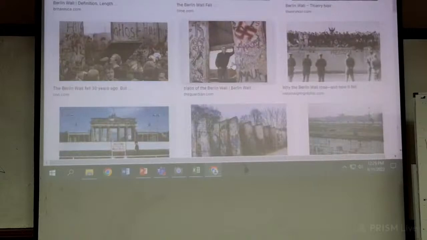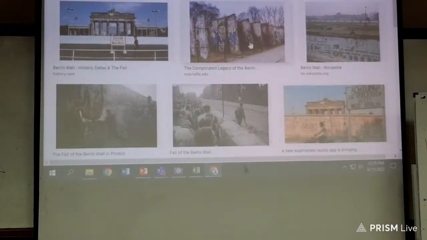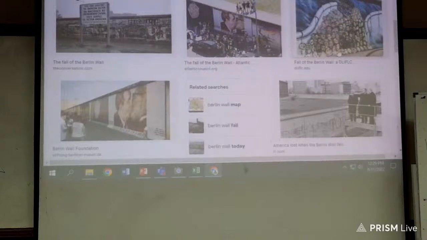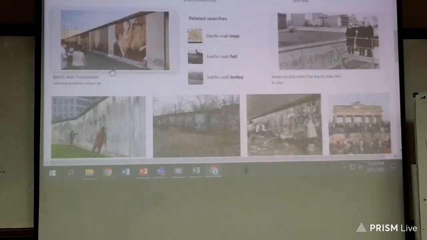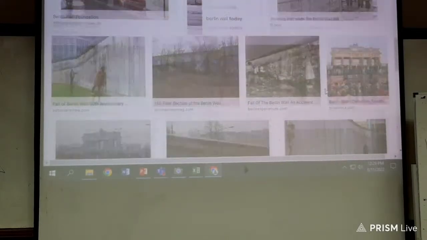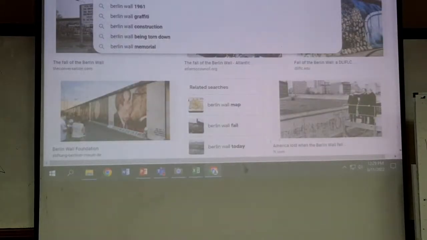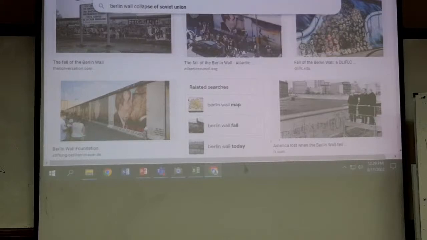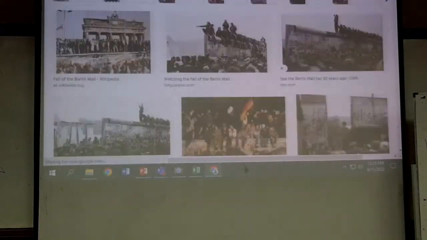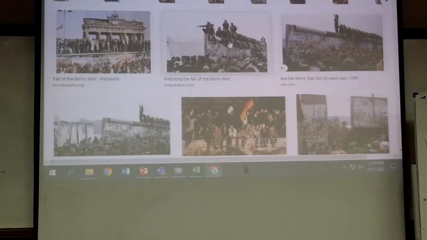Finally, this Berlin Wall, yes, this. People demand. And this is demonstration. Another meaning of demonstration. But that one, success is demonstration also. You see the word?